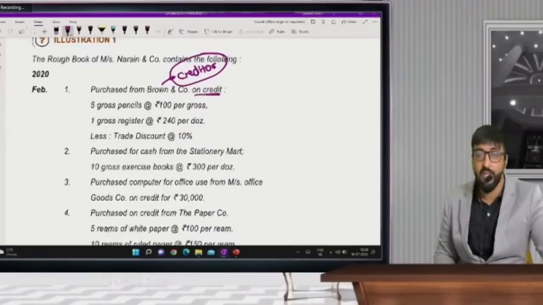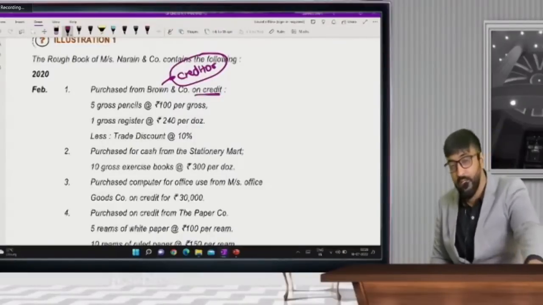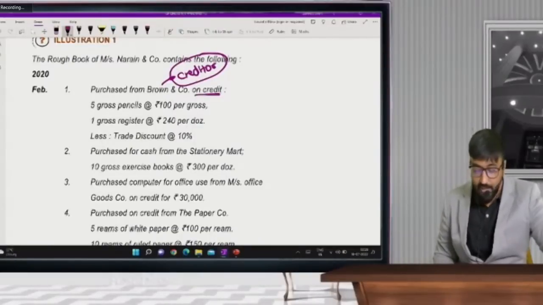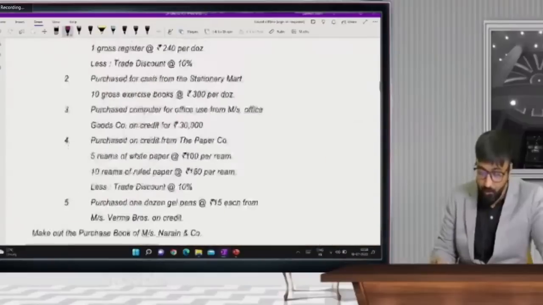Brown and Company is our creditor. 5 gross pencils of rupees 100 per gross. So tell me what is the amount beta? 5 pencils, 100 rupees per gross beta. Yes, 500 rupees. You can write 500.